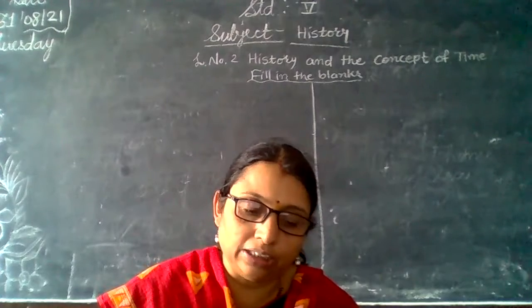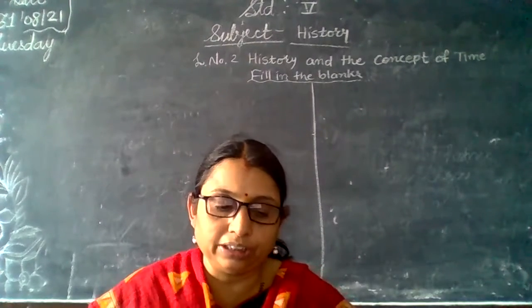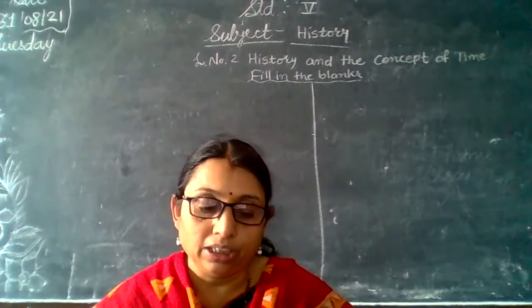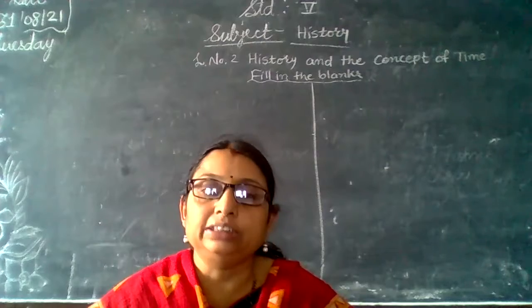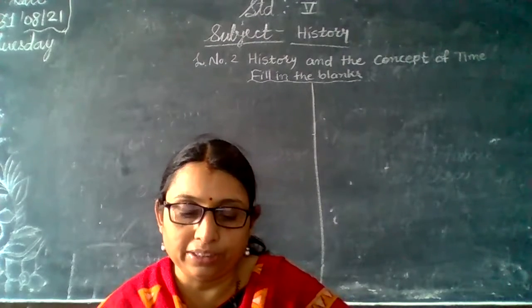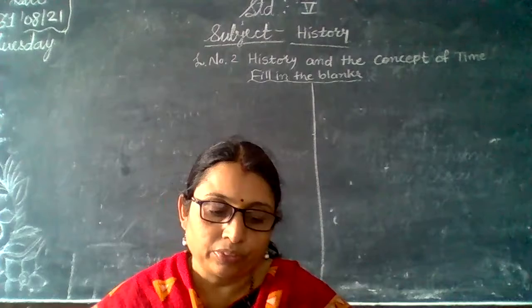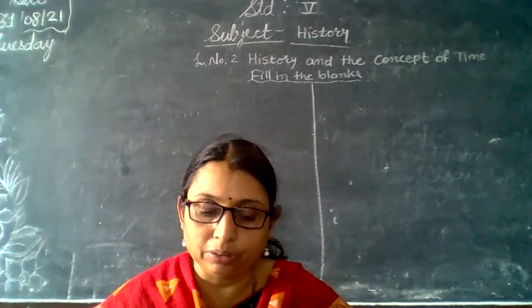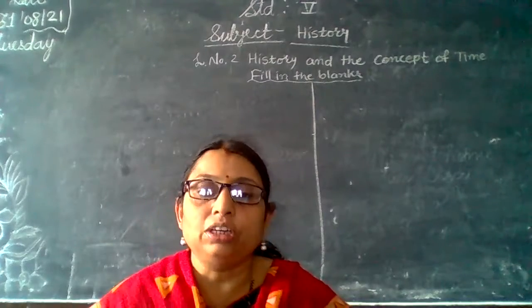Carbon-14 analysis and tree rings analysis method are used for dating or establishing the age of an event. Keep it in mind. Carbon-14 is a radioactive element in the bodies of all living organisms. Means all living things.